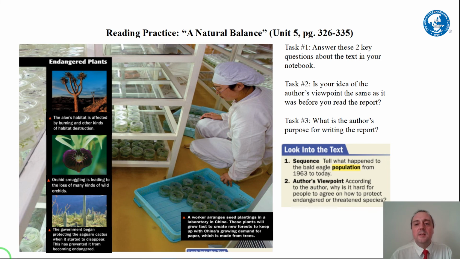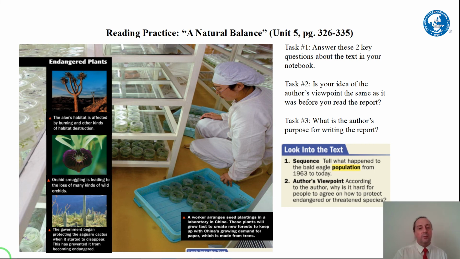Okay, so let's answer these 2 questions in the notebook that you see on the page here. Number 2, is your idea of the author's viewpoint the same as it was before you read the report? Remember, before we read, we decided what we thought the author's viewpoint would be. So is our viewpoint still the same?